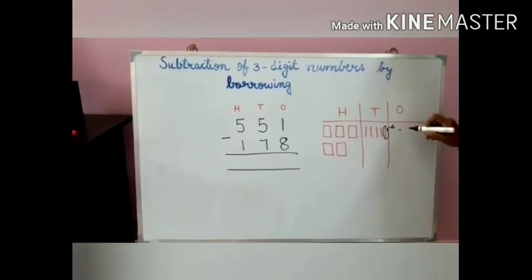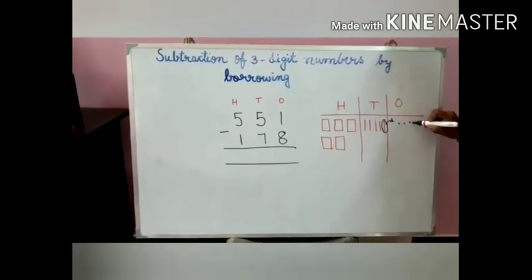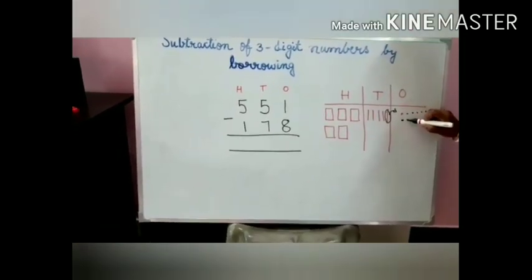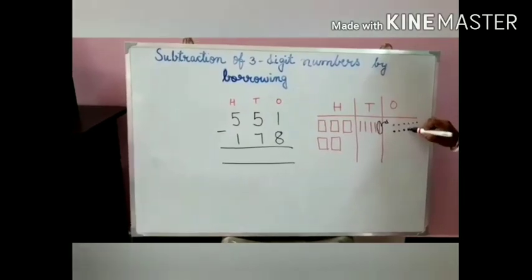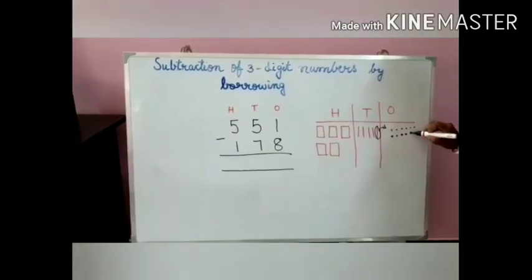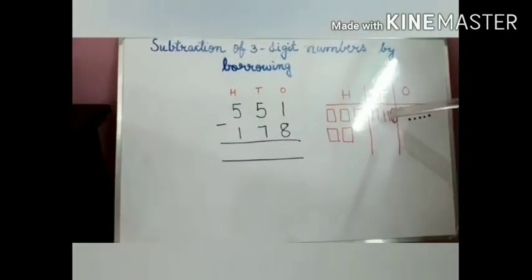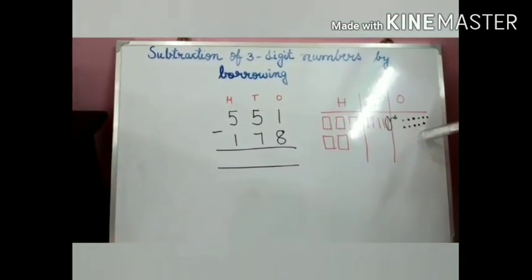So this 10 will become 1, 2, 3, 4, 5, 6, 7, 8, 9, 10. So children, I have taken 10 from here and I have given it here.